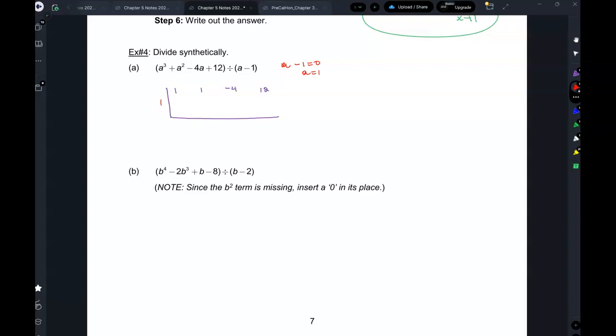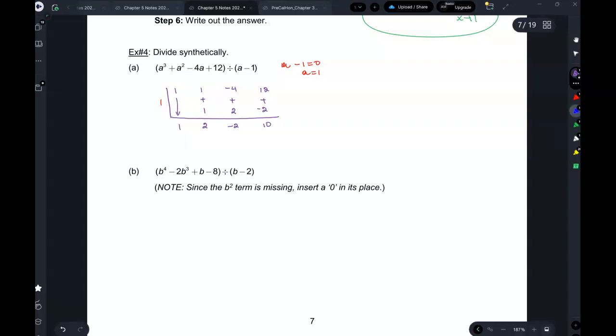Okay. First number comes down for free. Anything that goes below gets multiplied by the red number. So 1, you add 2. Multiply, you get 2. You add, you get -2. Multiply, you get -2. You add, you get 10.